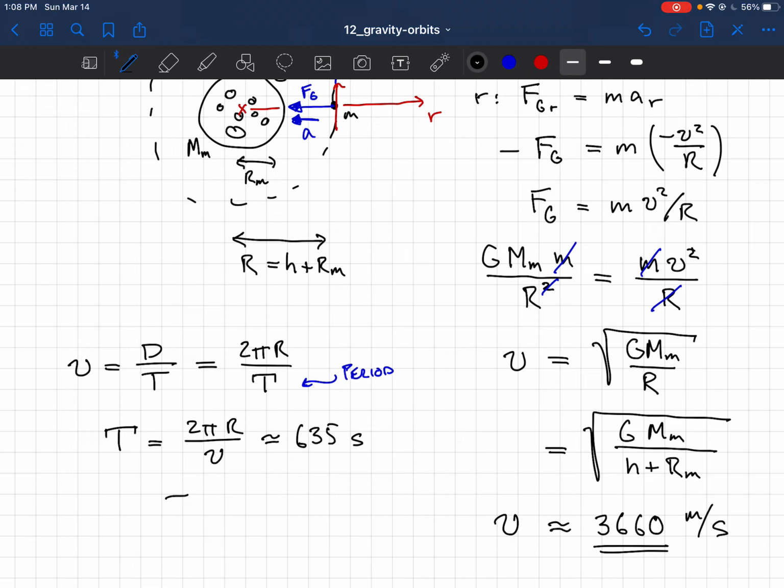Well, divide that by 60 to get to minutes, so 635 divided by 60, so that's approximately 10 minutes. So a satellite at that orbital height will take about 10 minutes to go around the moon.